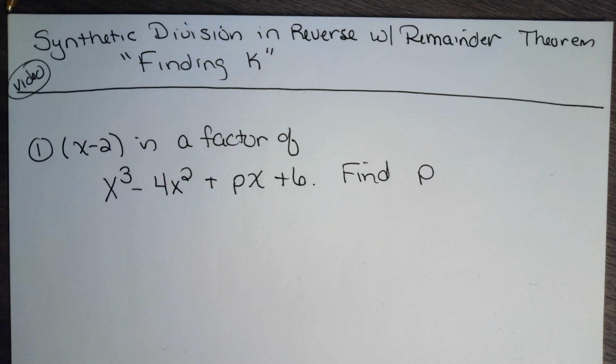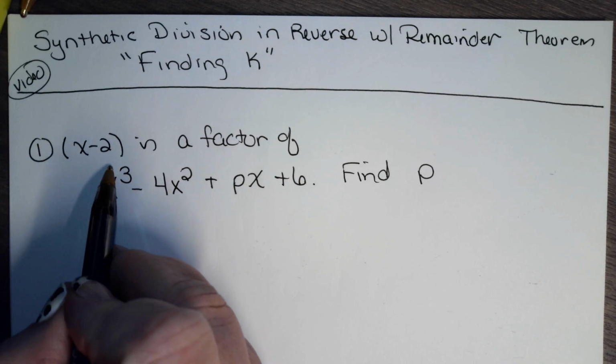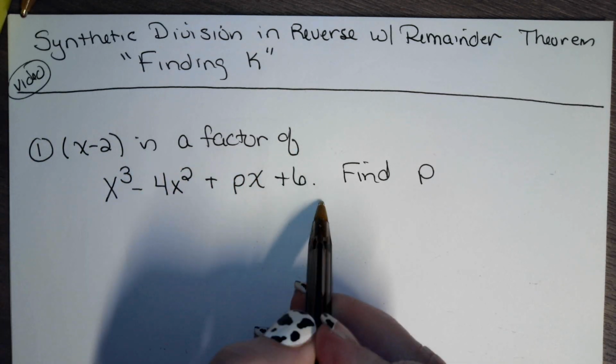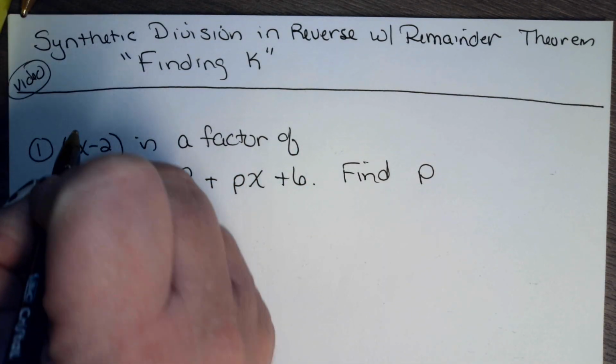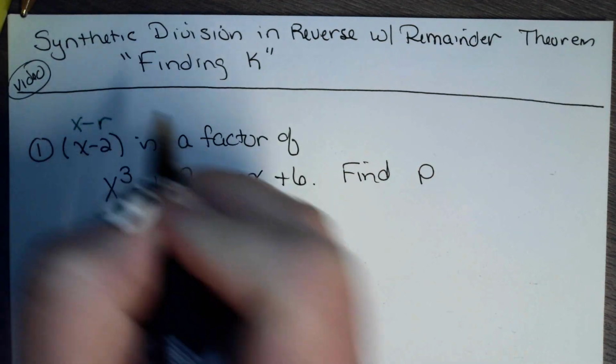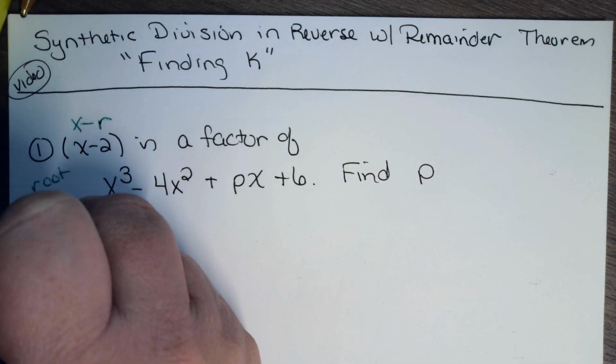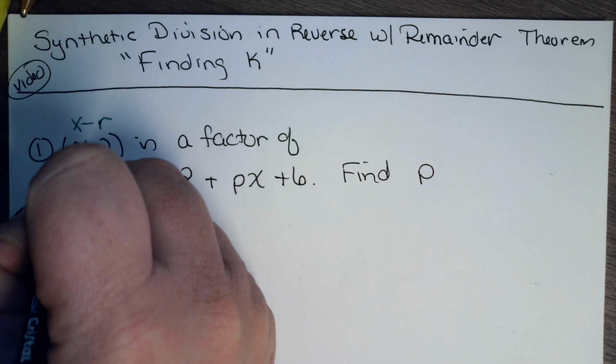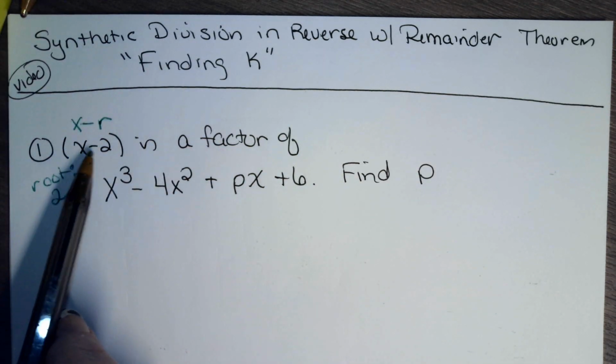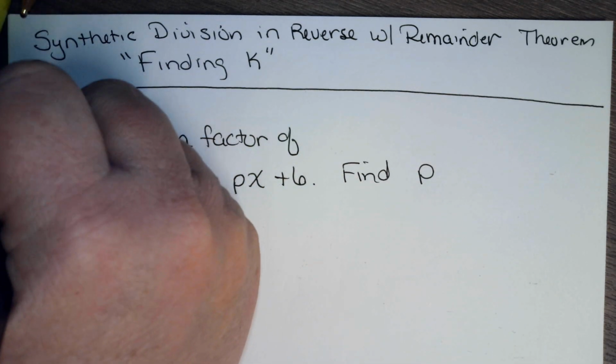Let's look at what they give us here. They tell us that x minus 2 is a factor of this polynomial. Well, x minus 2 is in the form of x minus your root, so we can see that our root is going to be a positive 2, because remember, we always say the opposite when it's in factor form.